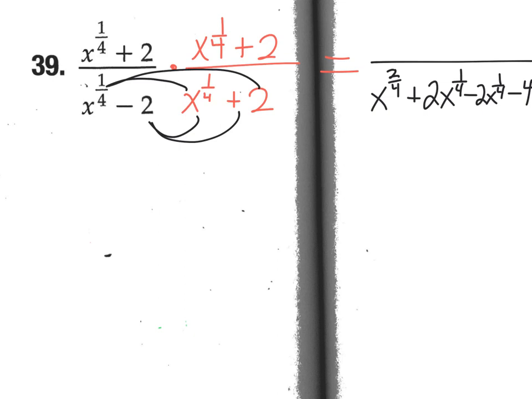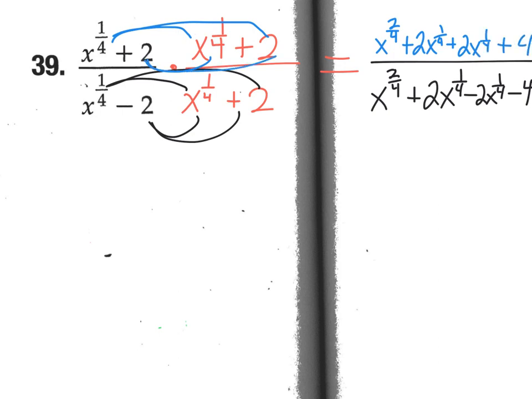Up top, if I FOIL, x to the 1/4 times x to the 1/4 again gives me x to the 2/4. X to the 1/4 times 2 gives me 2x to the 1/4. 2 times x to the 1/4 gives me 2x to the 1/4. And 2 times 2 gives me 4.